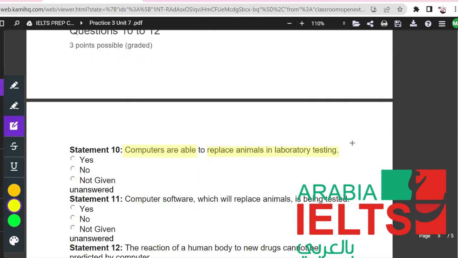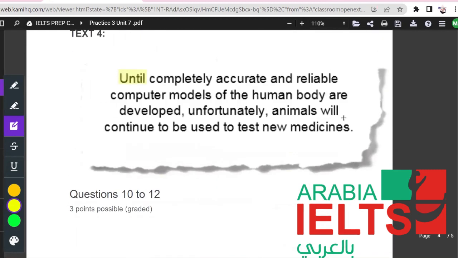We're talking about opinions. If someone gives the opinion that computers are able, but the writer says something different, this is another opinion from the writer. He says that basically the computer models of human bodies until now are not reliable and not accurate.